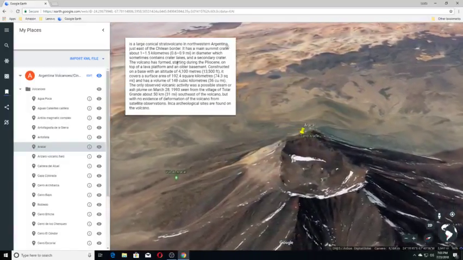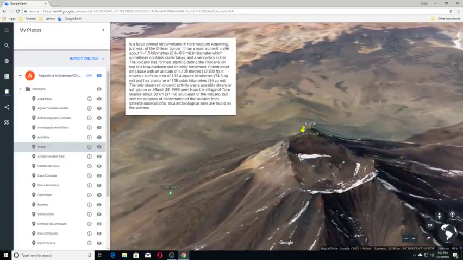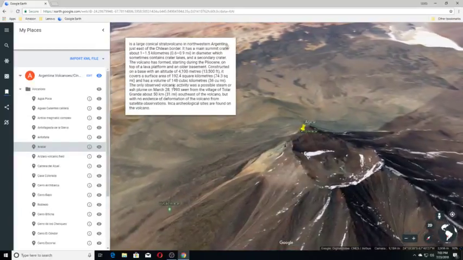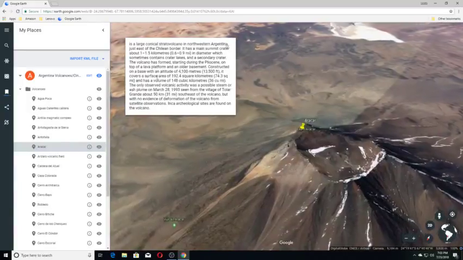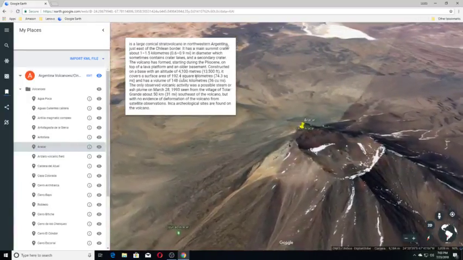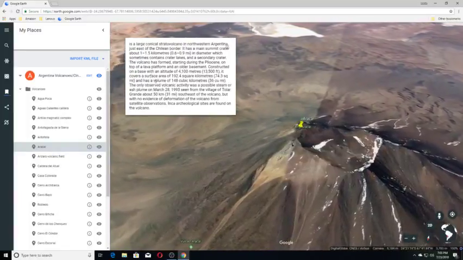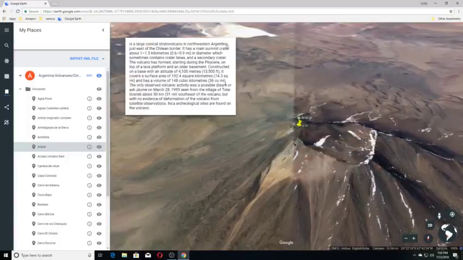The volcano has formed starting during the Pliocene on top of a lava platform and older basement, constructed on a basement with an altitude of 4,100 meters or 13,500 feet. It covers a surface area of 192.4 square kilometers or 74.3 square miles and has a volume of 148 cubic kilometers or 36 cubic miles.